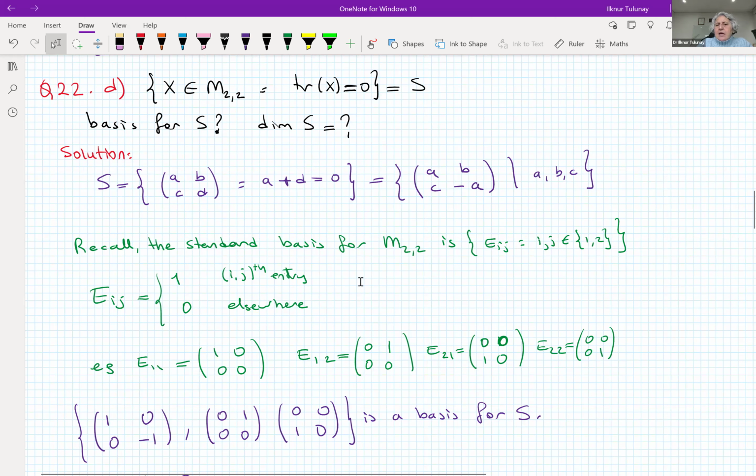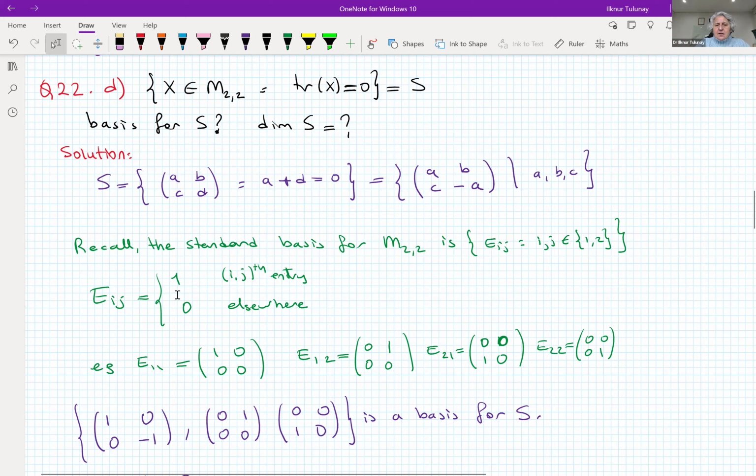What is the standard basis for the 2 by 2 matrices? We call them E_ij. These are the standard basis. E_ij is the matrix such that you have 1 in the ij entry and 0 elsewhere. You can generalize this standard basis definition to n by n matrices, and that will work again. So I will try to give a general description so you can expand your knowledge towards n dimensions.